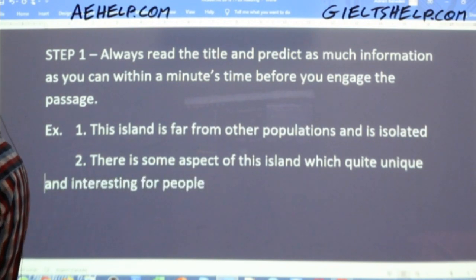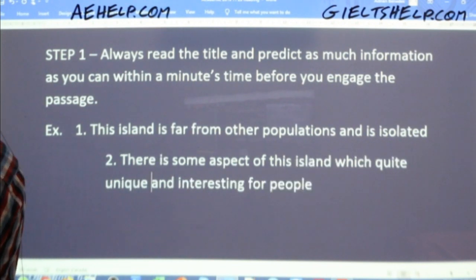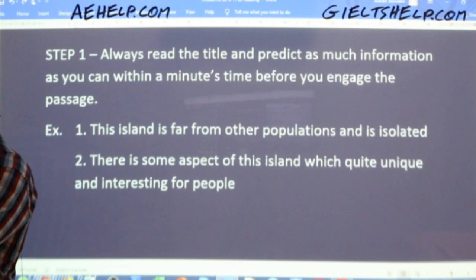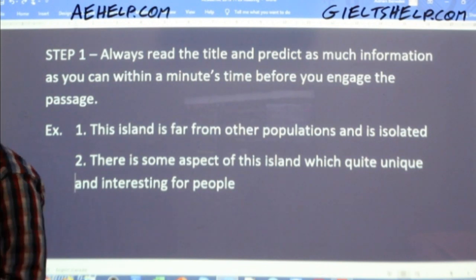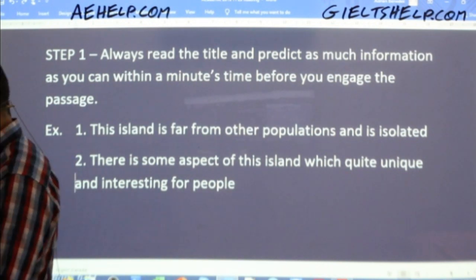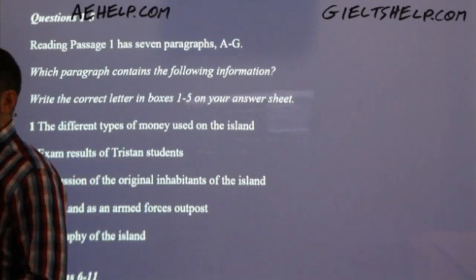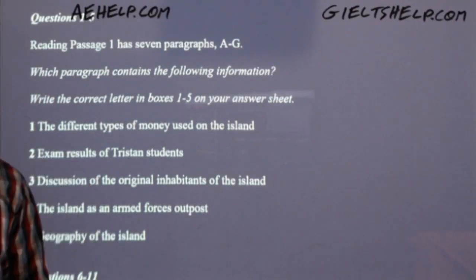Yeah, absolutely. Okay. So that's the minimum. You should have that in your mind again before you start reading. So good.